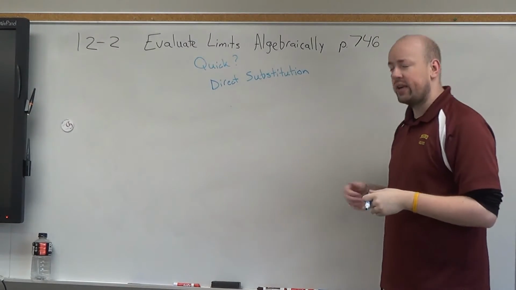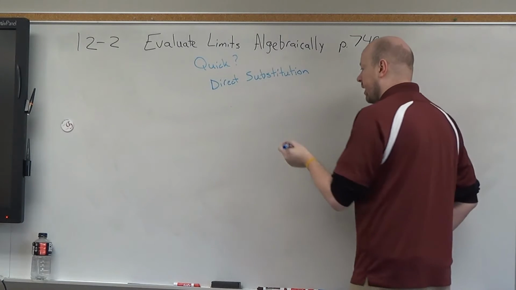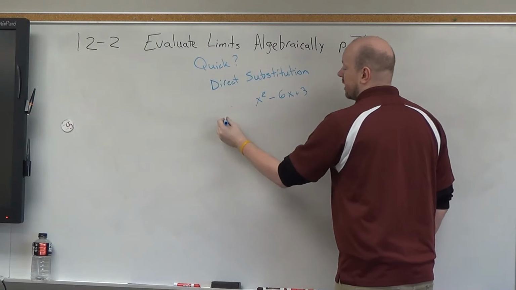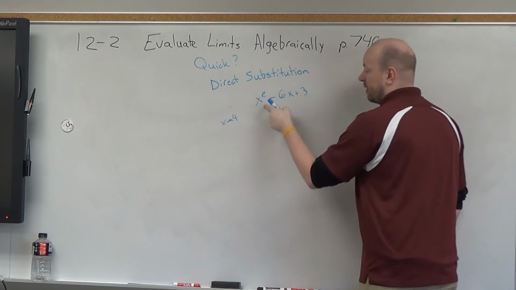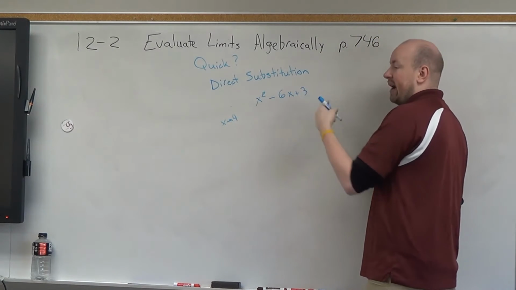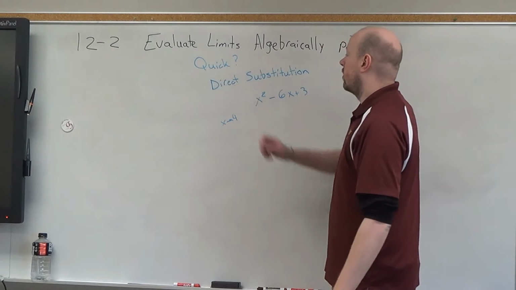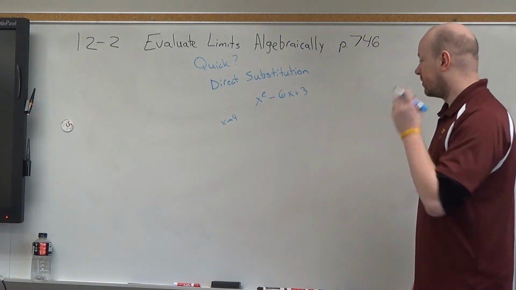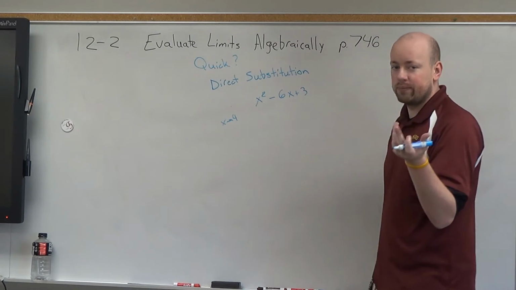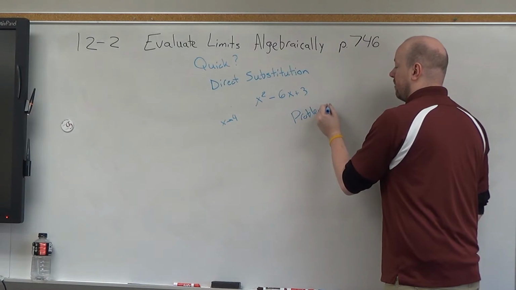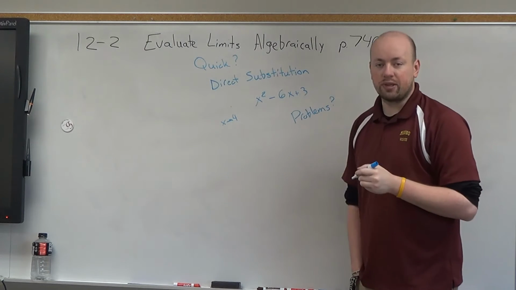Now in that specific case, it would have worked right away. We had x squared minus 6x plus 3 as x approaches 4. So I get 4 squared, 16, minus 6 times 4 is 24, plus 3, the same thing. So quick, we use direct substitution if we can. The only problems are the problems we get a whole bunch when we get all those algebra.